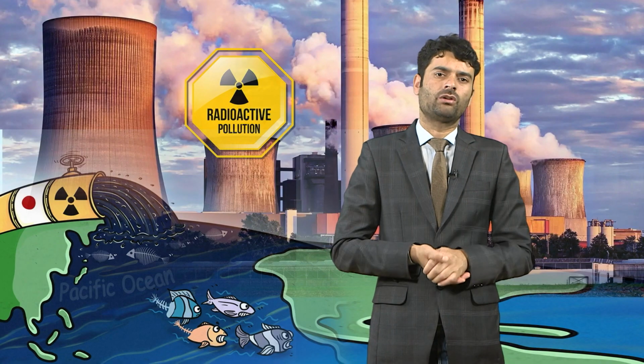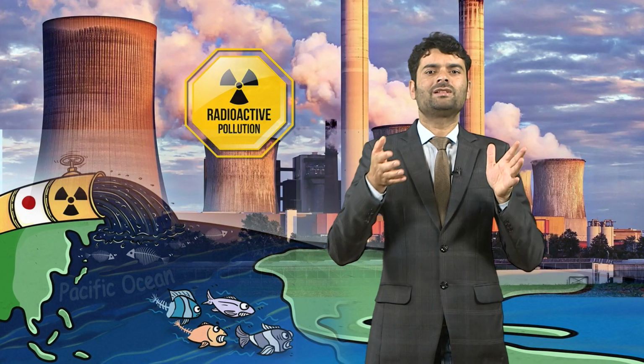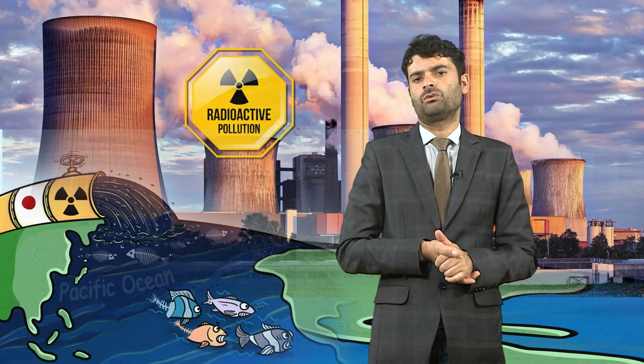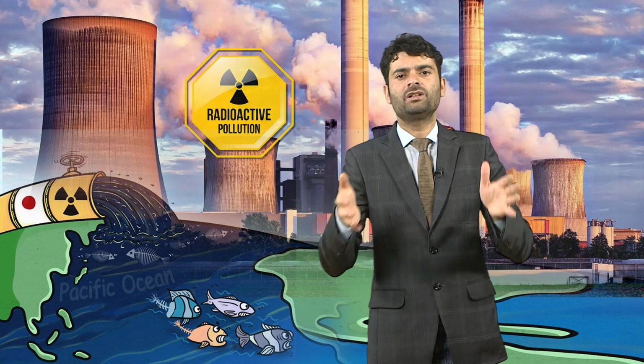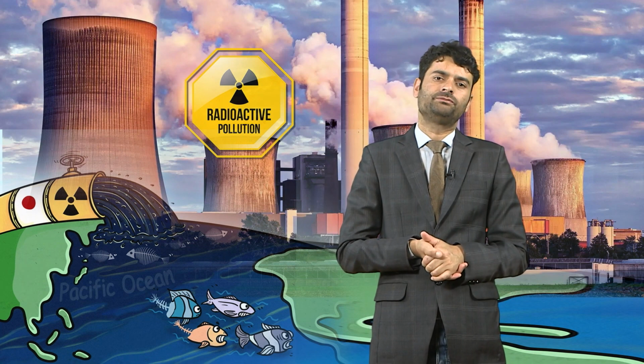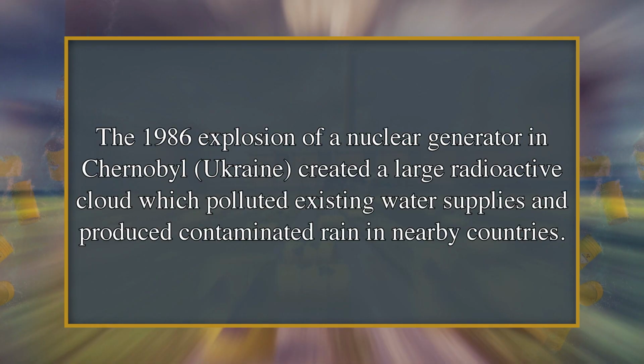According to the World Health Organization, nuclear accidents may produce fallout, which can pollute water supplies for years after the incident. The 1986 explosion of a nuclear generator in Chernobyl, Ukraine, created a large radioactive cloud which polluted existing water supplies and produced contaminated rain in nearby countries.